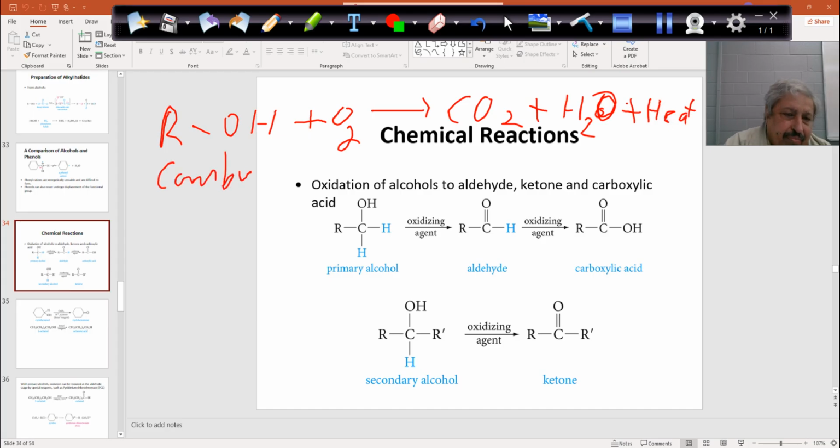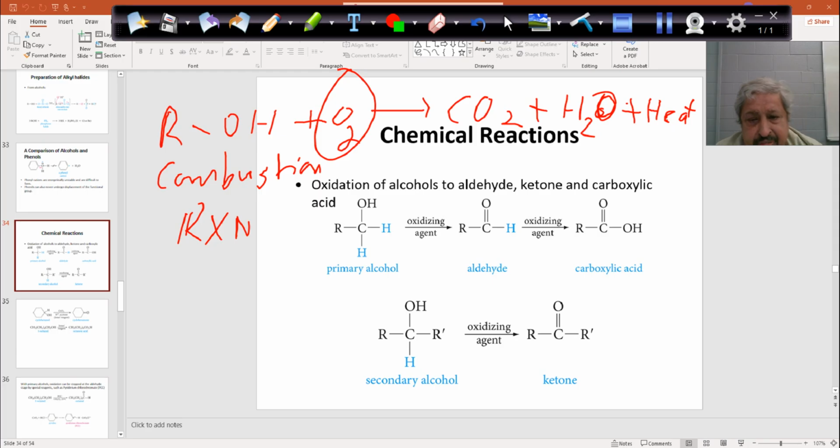Combustion means you can combust. This is a combustion reaction with pure oxygen. But we can use an oxidizing agent such as potassium permanganate. We can use hydrogen peroxide. Those are two famous oxidizing agents we use in the lab.